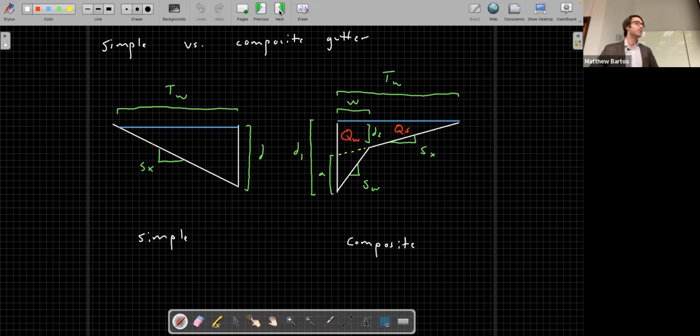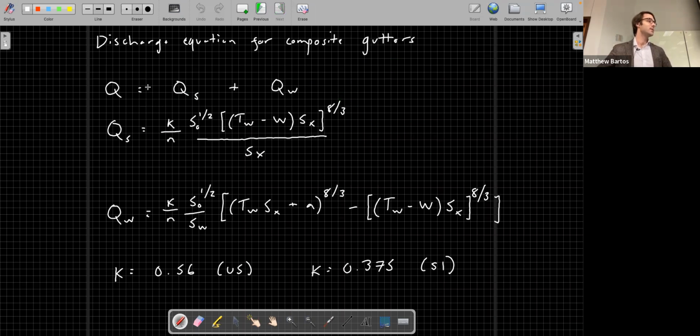Okay, and at the very end of class, I gave you a series of expressions for the discharge in composite gutters. So this is essentially an extension of Izzard's equation that breaks up the flow into those two different sections and adds them together. For each section, you have a discharge corresponding to that portion of the gutter's geometry.